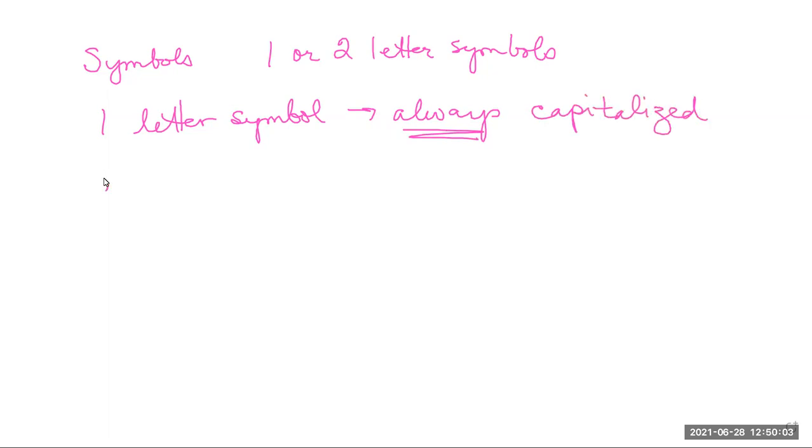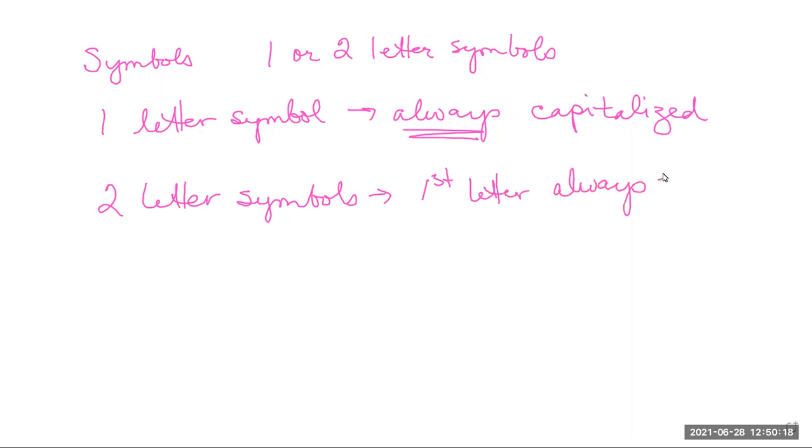Okay, and we have 2-letter symbols. Then the first letter is always capital, and the second letter is always lowercase.